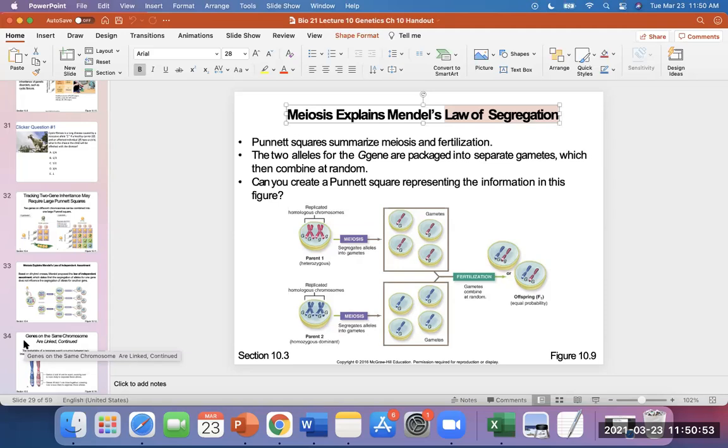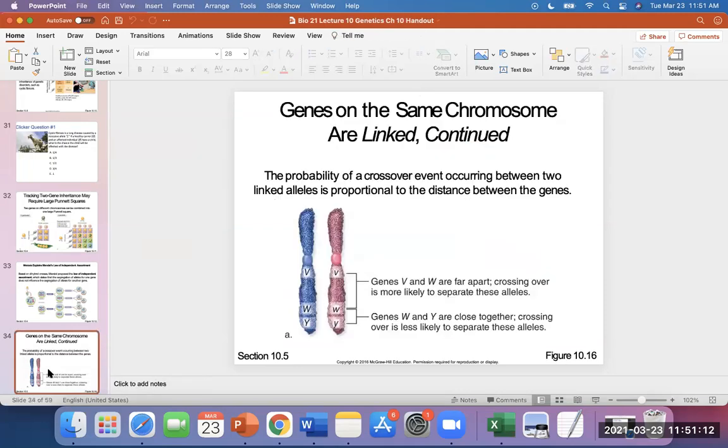It's where one chromosome, not chromosome, I'm sorry, one sequence of DNA has an effect on another one, even though they're different. So linked genes means different genes are located on the same chromosome, and if they're really close to each other, there is no crossing over happening. If you have one gene, you're going to have the other gene because they are on the same chromosome.